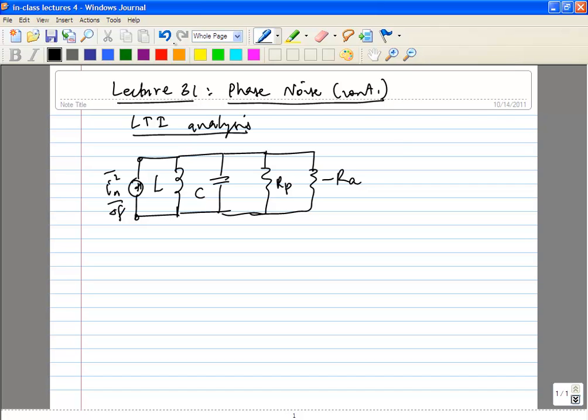So in general, your R equivalent will be minus RA RP over RP minus RA. How about the value of this? Once you move a little bit further away, it will be a little bit greater than RP, slightly greater, not much greater, and that also depends on how far away you move, obviously.